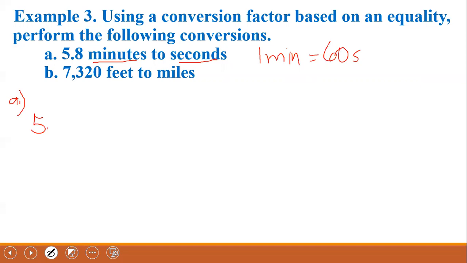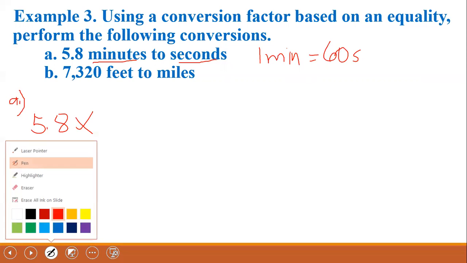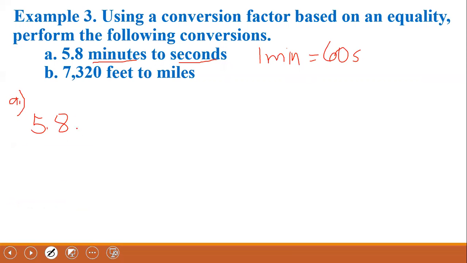So we have 5.8 minutes times. As I mentioned earlier, this minute on the left side of our equality must appear in the denominator for us to achieve unit cancellation.